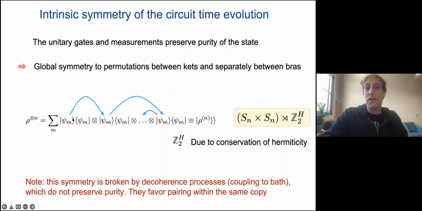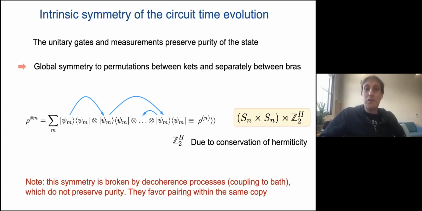When you have decoherence, you get a mixed state, and the mixed state is a sum over eigenvalues, so it becomes locally a sum over these psi m's, and so it entangles ket and bra, and you can no longer permute. It really likes the special permutation, which I will call the identity permutation. It locks you into the identity permutation.